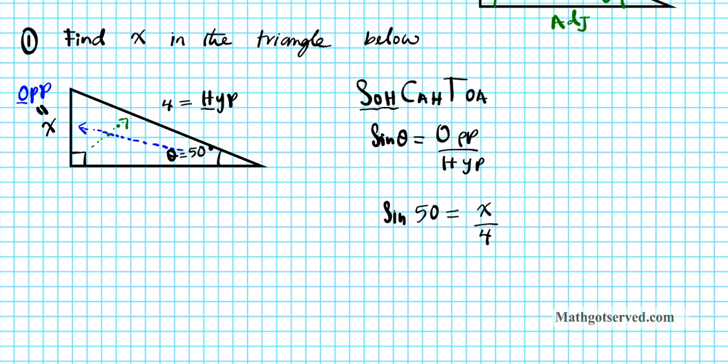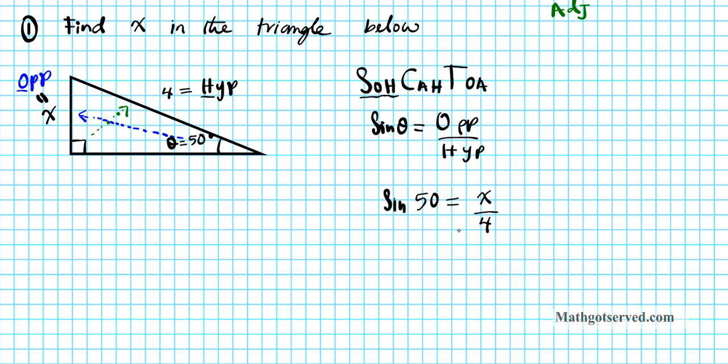Now we have a trig equation. Let's solve this. In order to solve this, we need to multiply both sides by 4. So multiply by 4, multiply by 4. This 4 is divided out. So the exact value of x is equal to 4 sine 50 degrees.